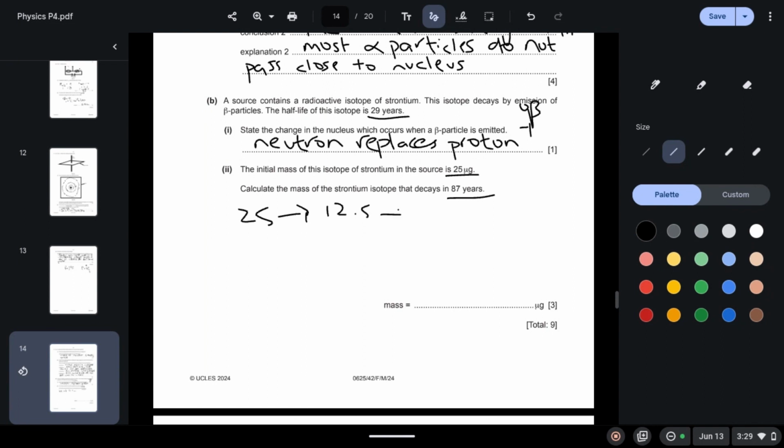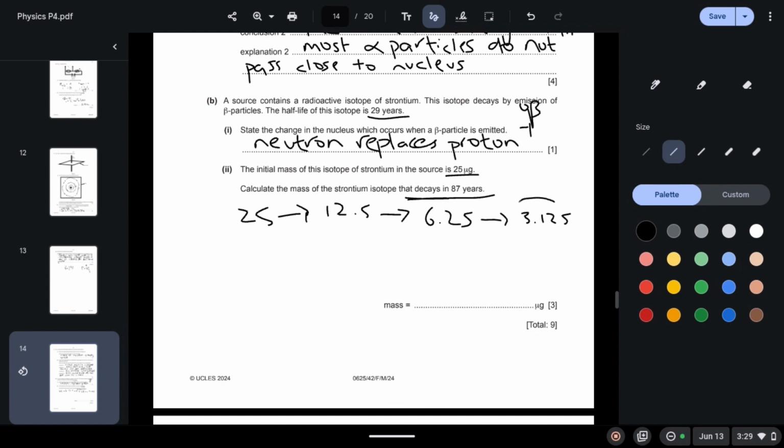After the second half-life, this would become 6.25, and after the third half-life this would become 3.125. So they are asking us for the mass of the strontium isotope that decays.